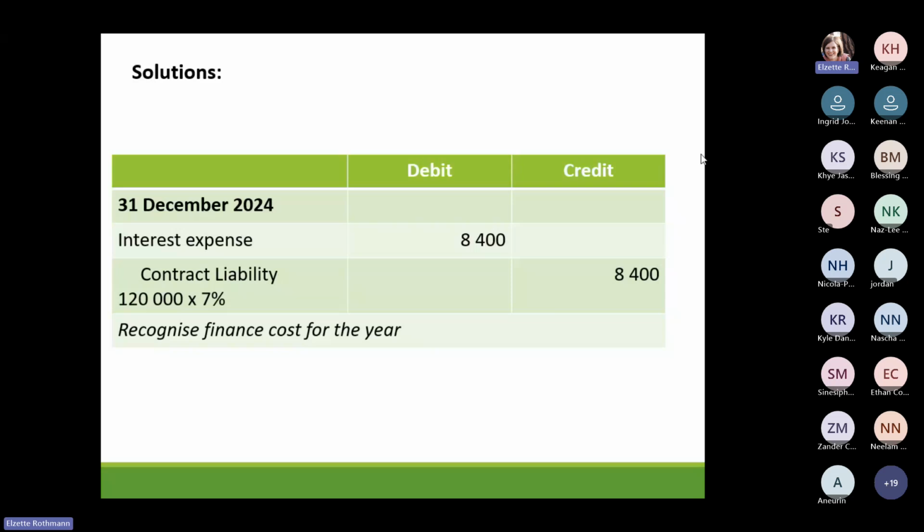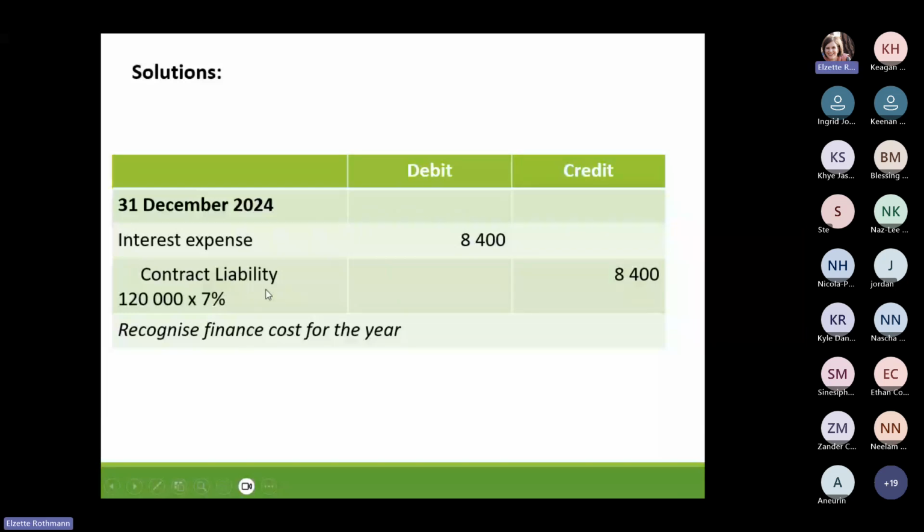But just remember, your contract liability has now increased from 120,000 to 128,400. This 8,400 interest was added to contract liability.